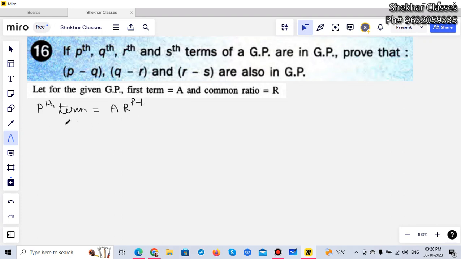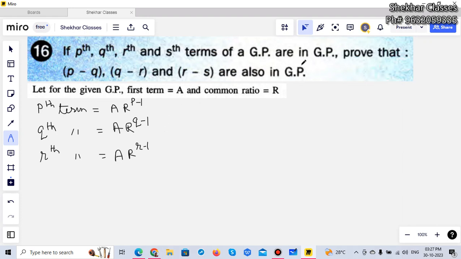The qth term is A r to the power q minus 1. The rth term is A, capital R, small r to the power r minus 1, right?